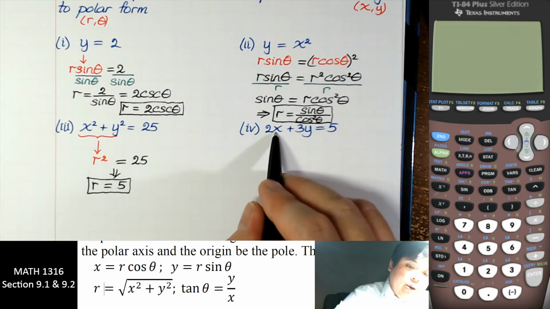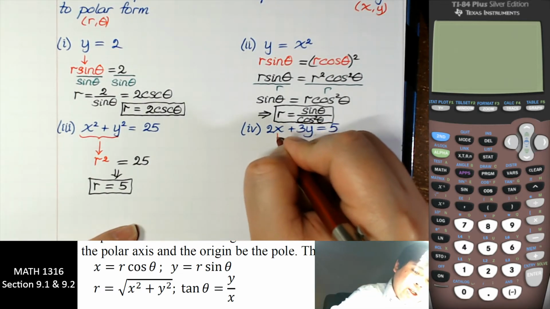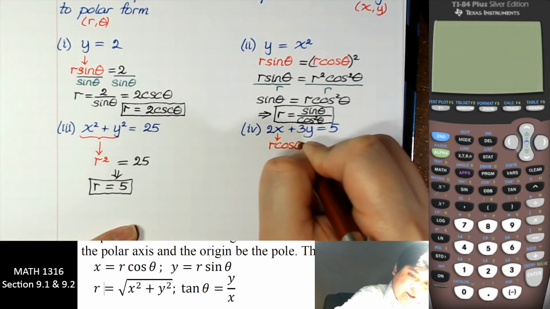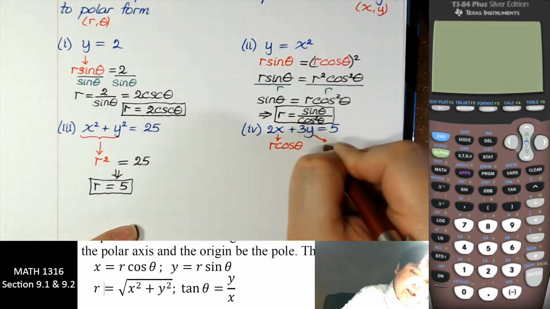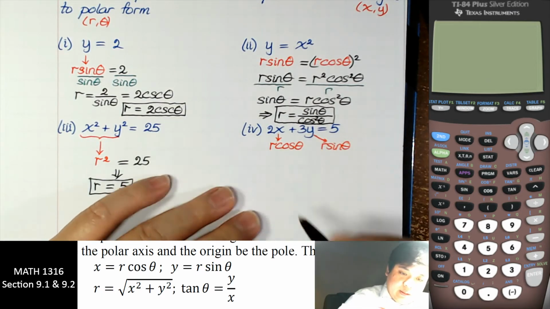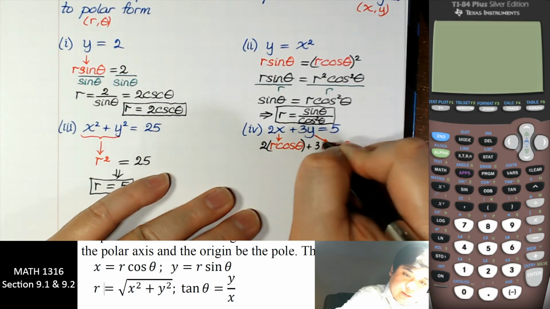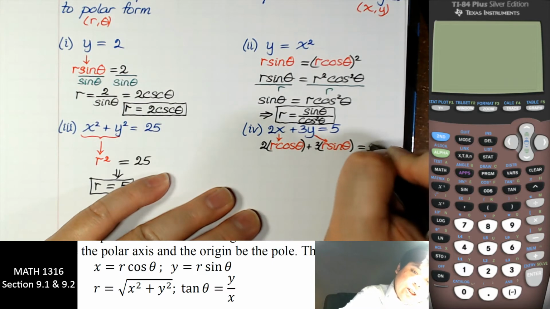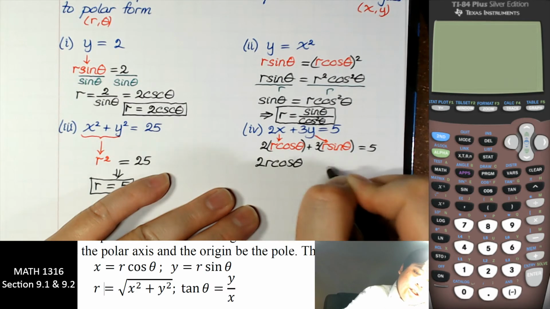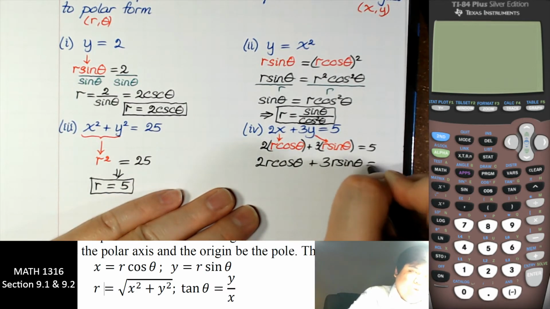Next, we have x and y here. We need to change to r and cosine. So x is r times cosine theta, and y is r times sine theta. There's a 2, there's a 3. So we just have 2r cosine theta plus 3r sine theta equals 5.